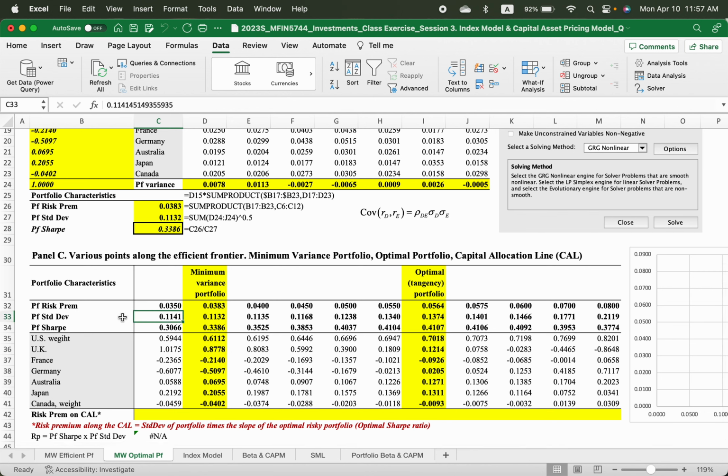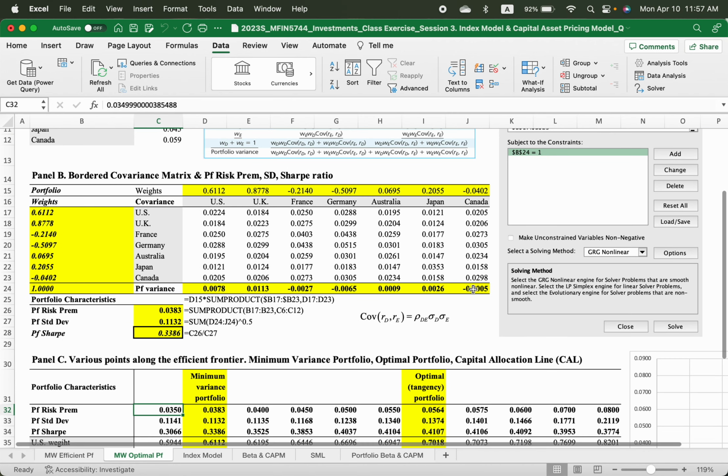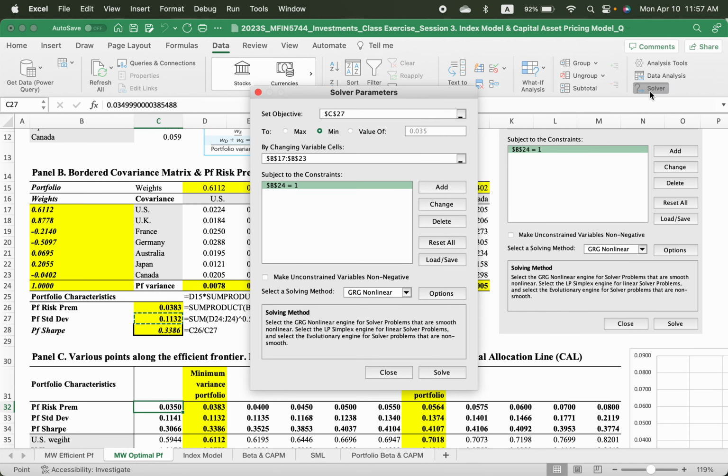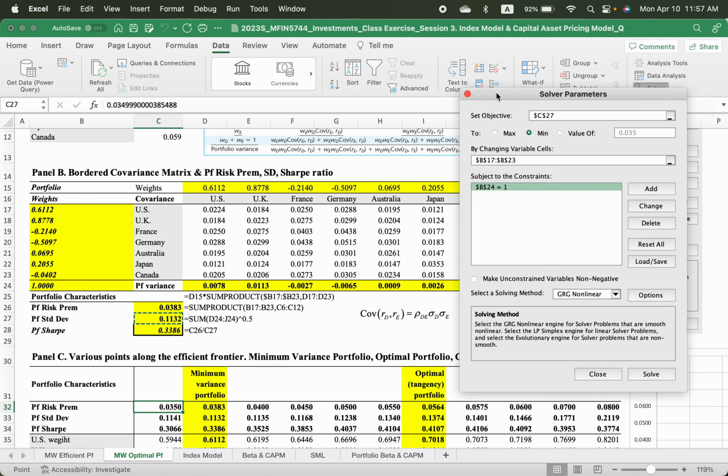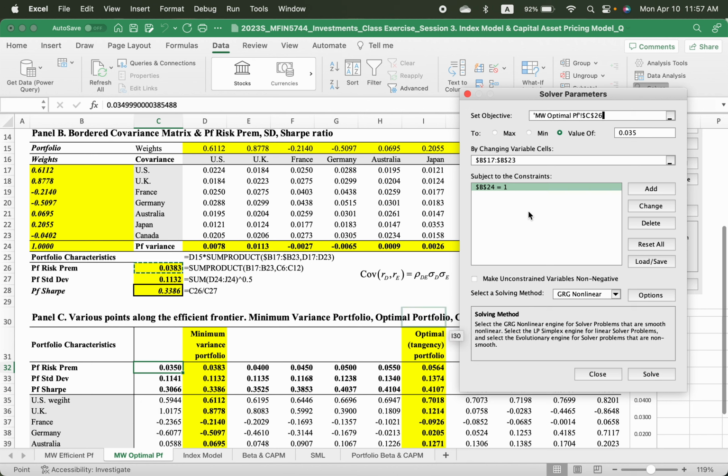When you put in a different setup, like the risk premium, if we set the risk premium to 3.5%, for example, on the solver, I want to set not the minimum but the value of this. For example, the risk premium now is 3.5%. Then when I change the weights of the portfolio, what can be the result?